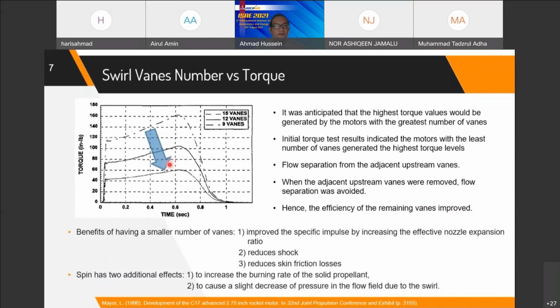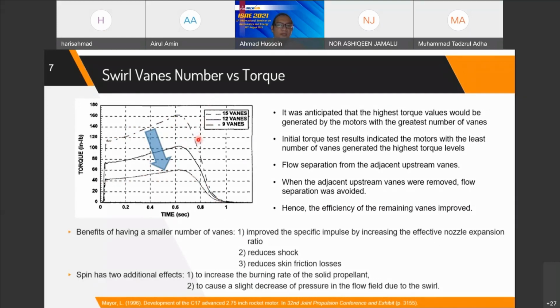However, they found that the motor with the least number of vanes, for example the one indicated by the dashed lines, produced the highest torque levels compared to the highest number of vanes, which produced the lowest torque. They argued that flow separation from the adjacent upstream vanes is responsible for this degradation of the torque produced by the nozzle with the most vanes.